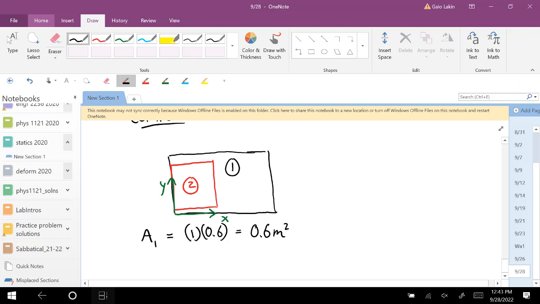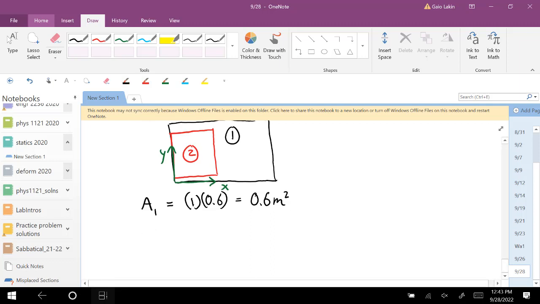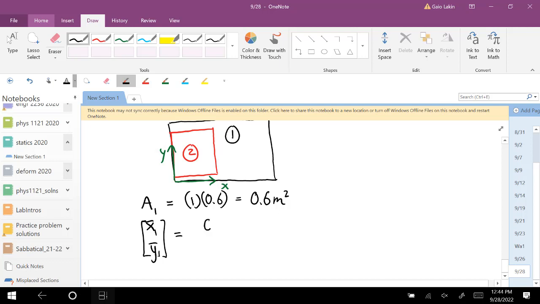And then I'm going to think about those distances in the real coordinate system of the problem. Yeah, that's right. So the centroid of that big rectangle is 0.5, 0.3.